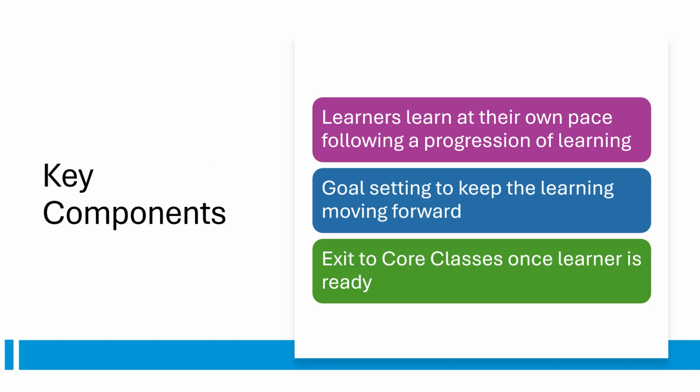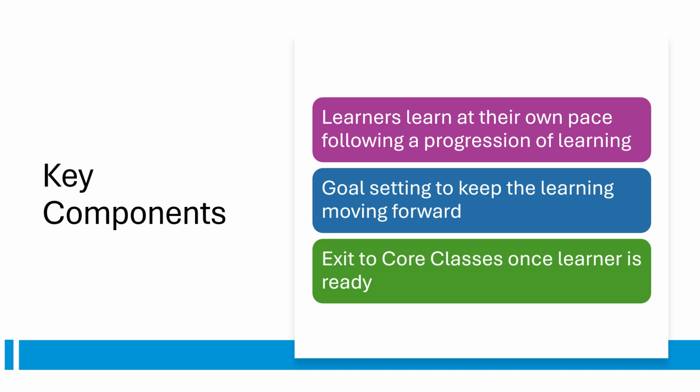There are three key components to the Pathway to Core course. The first is that learners are learning at their own pace, following the progression of learning for their grade level. Second, goal setting is essential to help learners to keep moving forward.